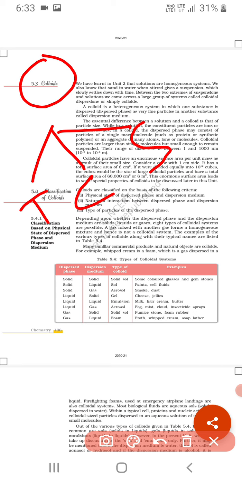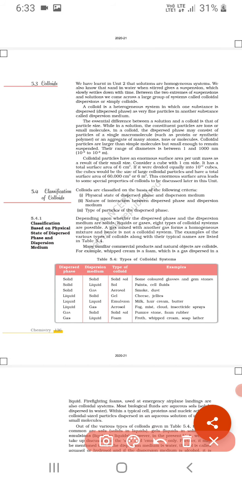They are characterized into true, colloidal, and suspension on the basis of their particle size. The particle size of colloidal solution lies in between, greater than true and less than suspension. So the whole chapter is going to discuss colloidal solution. The particle size of colloidal solution is 1 to 1000 nanometer, right?